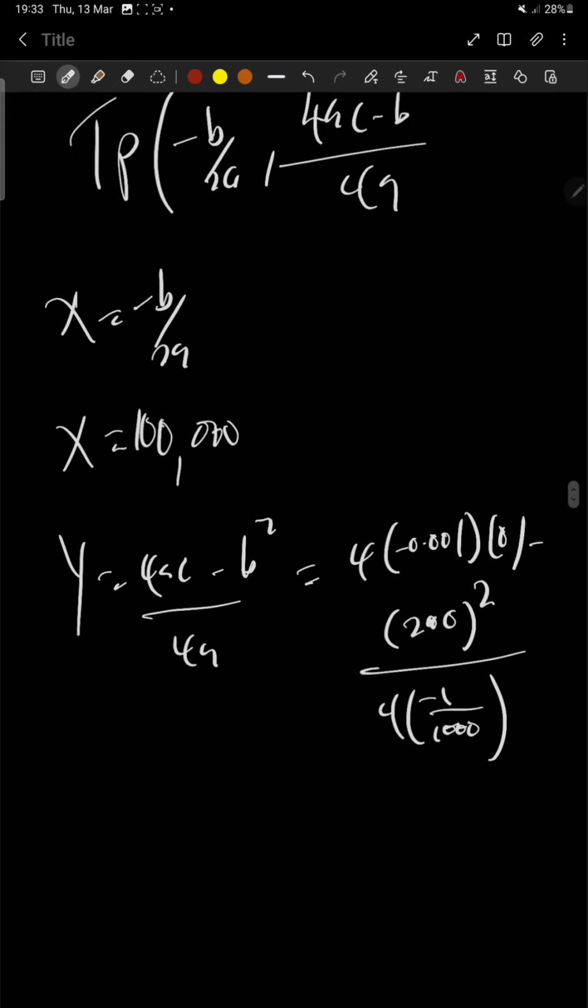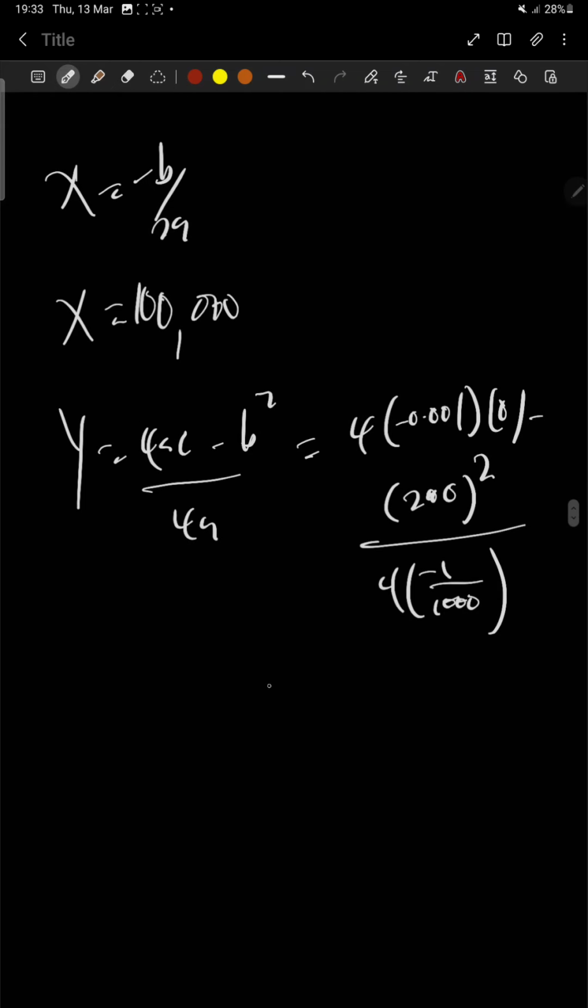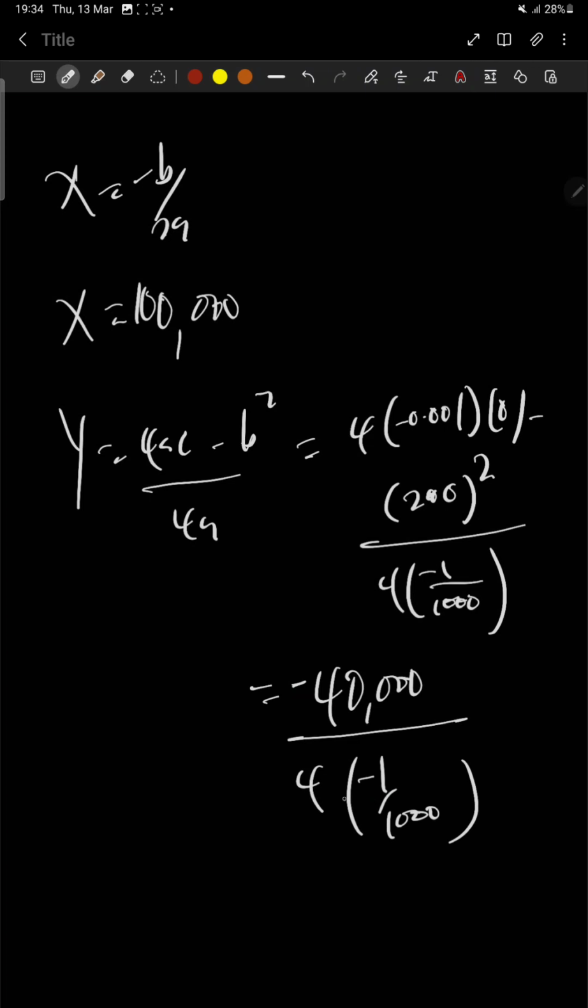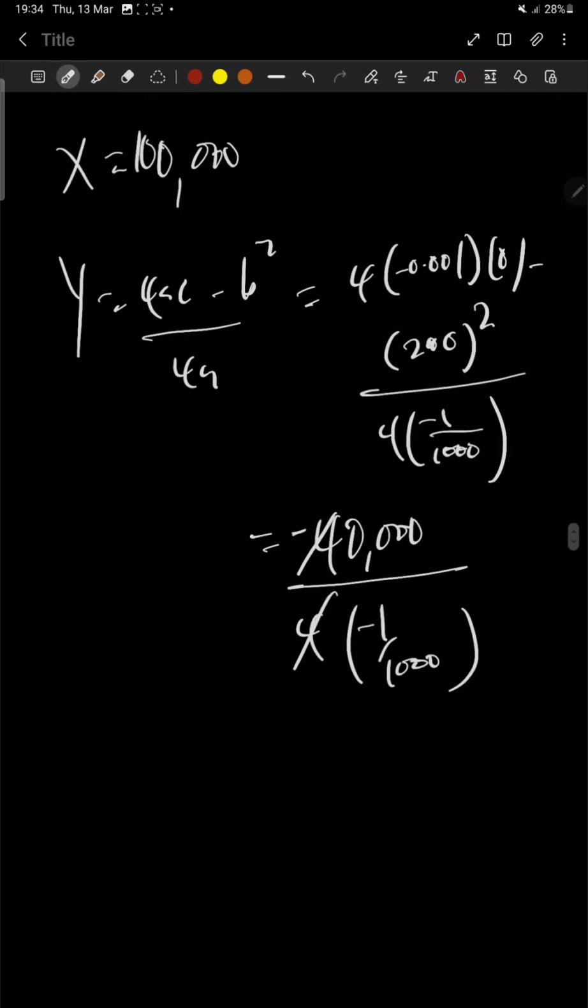Okay, because our a is that. So for the first part, this is 0, then this will be 40,000. 200 times 200 is 40,000. Minus, over 4 times negative 1 over 1000. Then this 4 and this 4 will cancel.